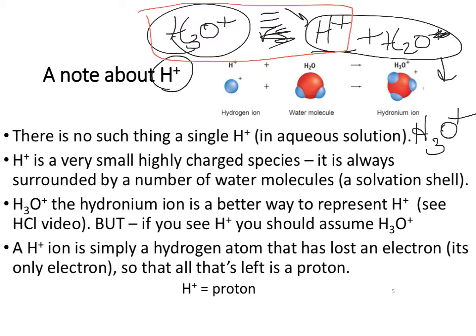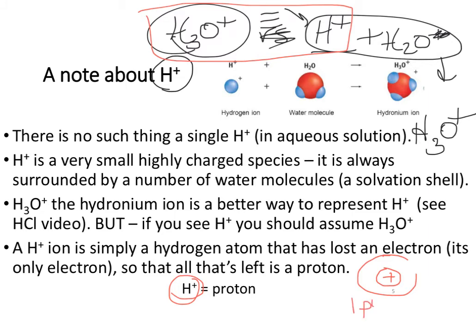Also, a hydrogen ion is simply a hydrogen atom that, if you remember, has one proton in the nucleus and only one electron. So if you take away the electron, which is what you do to make the hydrogen ion, all you have left is one proton.